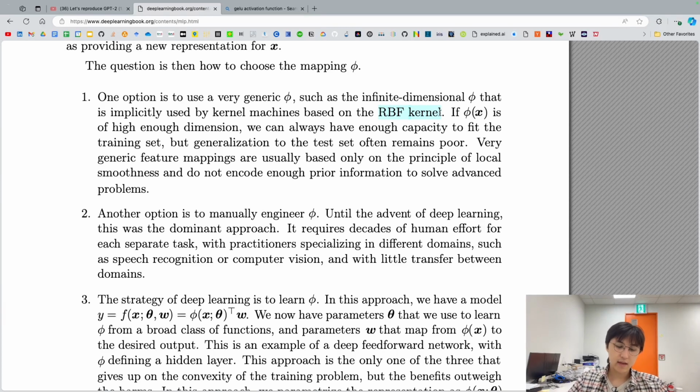In that case, scientists said, let's use the second approach. In the second approach, let's manually, by our human power, create that transformation.